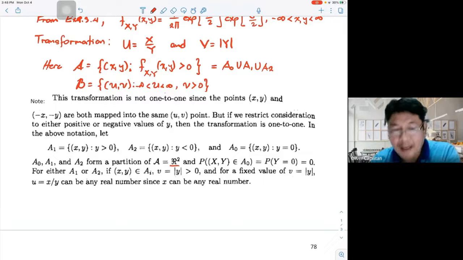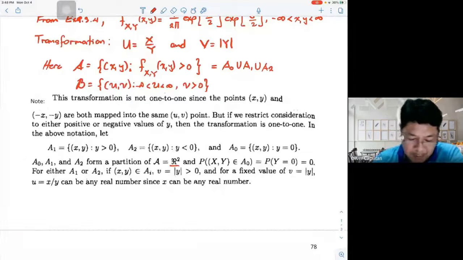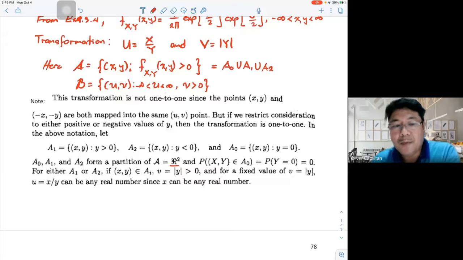The probability that x, y is an element of A sub 0, that is, the probability that y equals 0, is 0. And for either A sub 1 or A sub 2, if the ordered pair x, y is an element of A sub i, then v, which is the absolute value of y, would be positive.